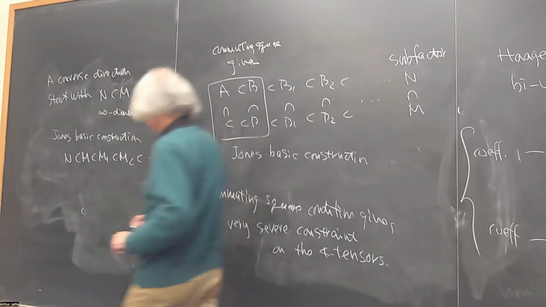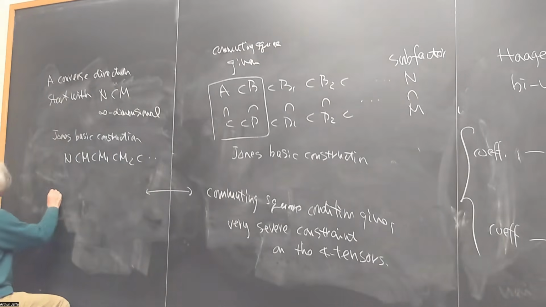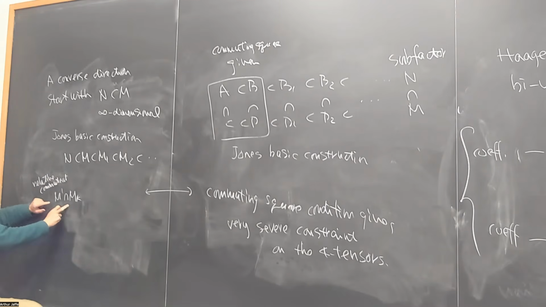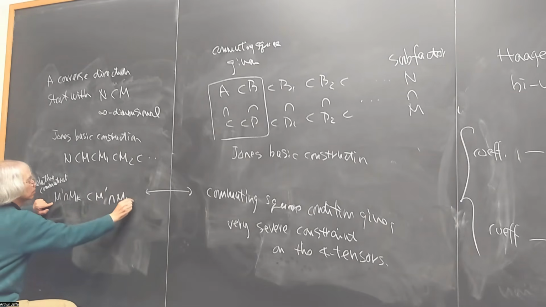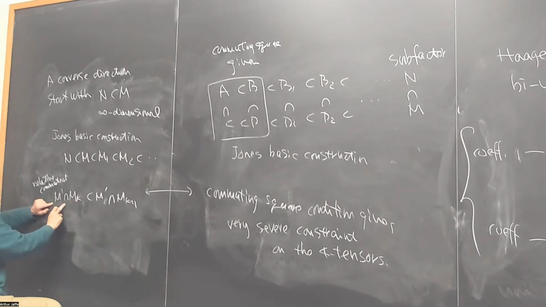But then we look at this. So this is a relative commutant. This is the set of all the operators in M_k which commute with everything in the small algebra. This is a large algebra, so the relative commutant is larger.